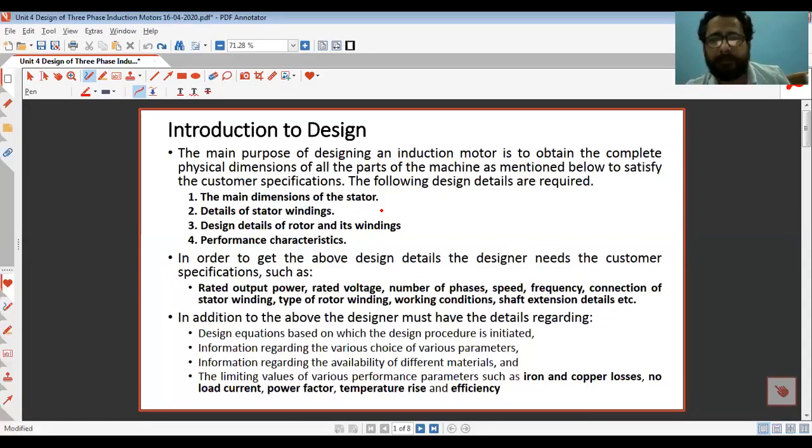Everything you will tell. Based on this, the designer will think of a design.